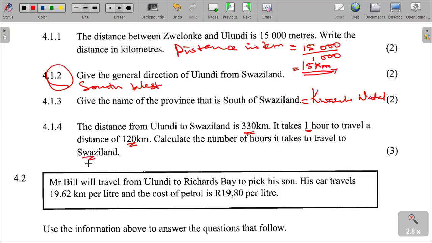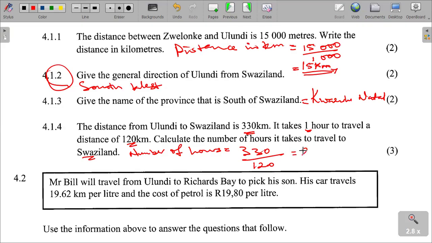So in this case, number of hours is equals to 330 over 120, which is equals to 2.75 hours.